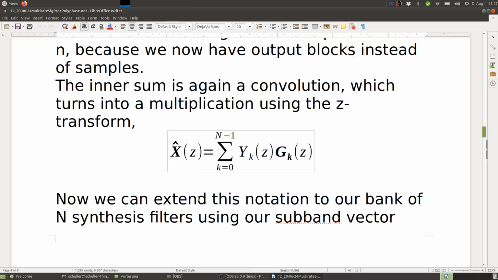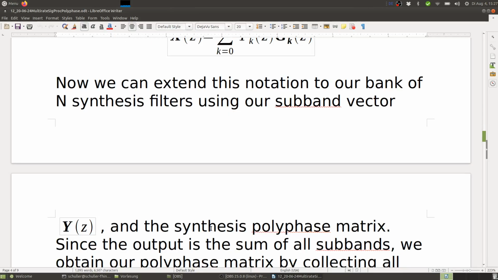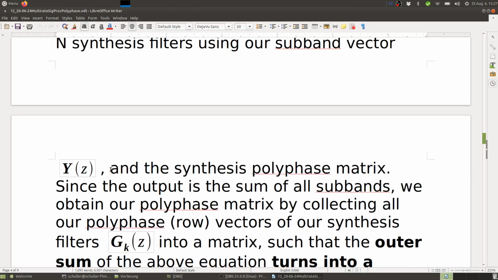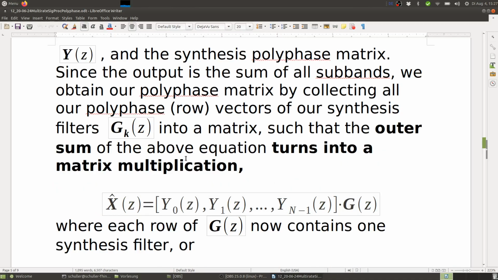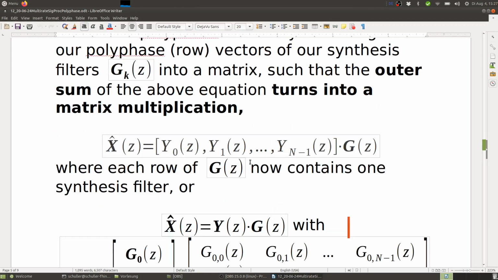So now we can extend this notation to our bank of N synthesis filters using our subband vector Y(z) and the synthesis polyphase matrix. Since the output is the sum of all subbands, we obtain our polyphase matrix by collecting all our polyphase row vectors of our synthesis filter G_k(z) into a matrix, such that the outer sum of the above equation turns into a matrix multiplication.